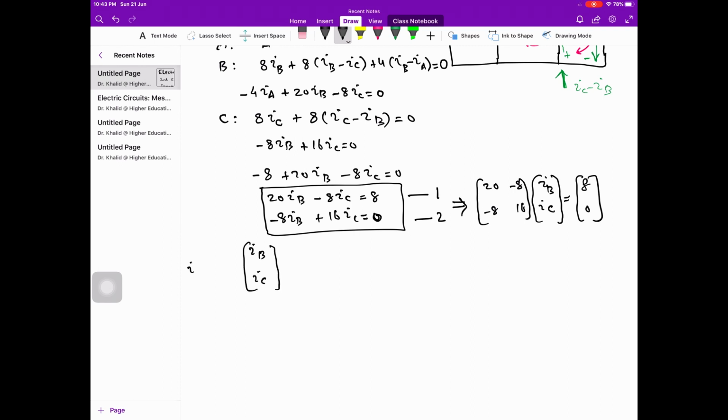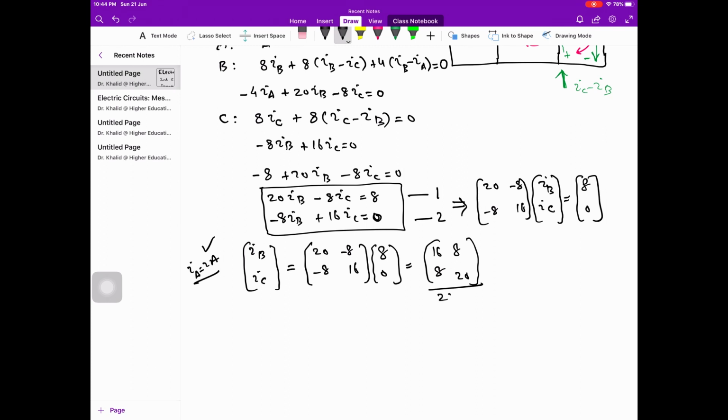We know IA already due to the current source, and this is equal to the inverse of 20, minus 8 and 16, multiplied by 8 and 0. So this is 16 and 20, 8 and 8, divided by its determinant, which is 20 multiplied by 16 minus 64. So this is 256, and this is 8 and 0.